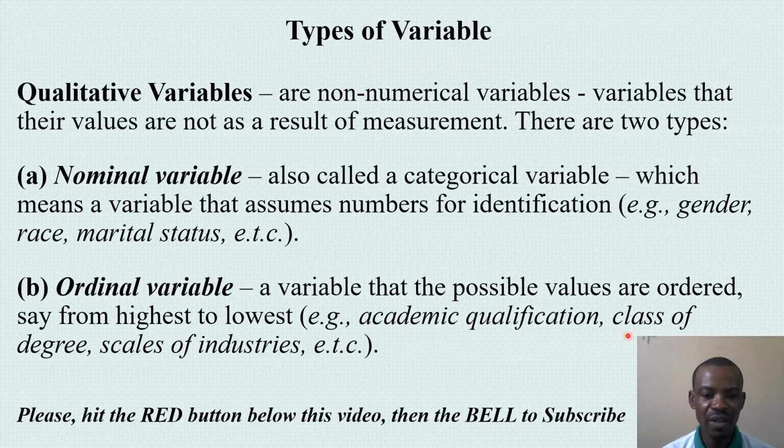So class of degree like first class, second class upper division, second class lower division, and third class can be said to be ordinal variable. Scale of industry such as micro scale industry, small, medium, large, as the case may be. These are examples of qualitative variables in nominal and ordinal forms.